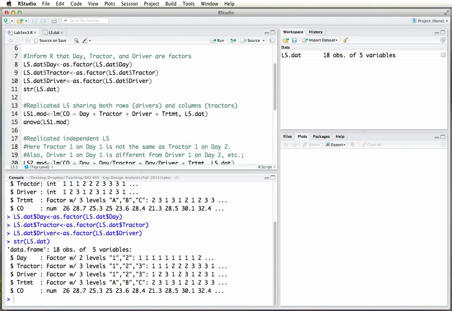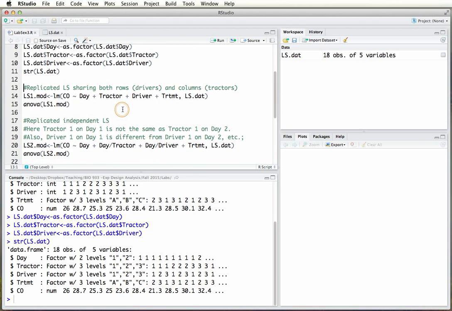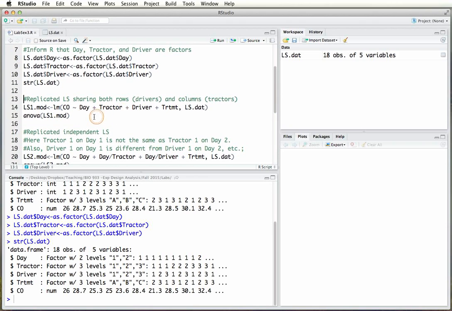And I would say you have several options not because you would run it many different times, but because you would run it once based on what the real experimental situation was. One of the situations would be, let's start easy, a replicated Latin square in which the drivers and the tractors are the same on both days.